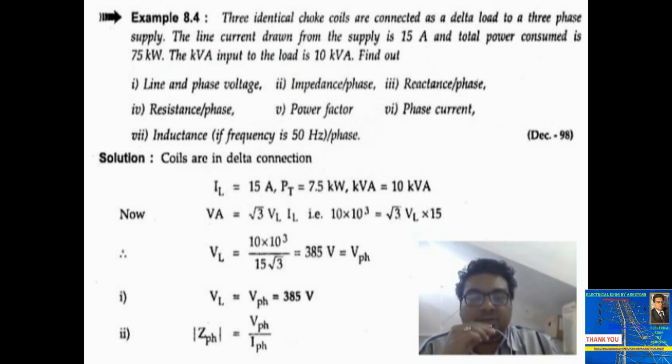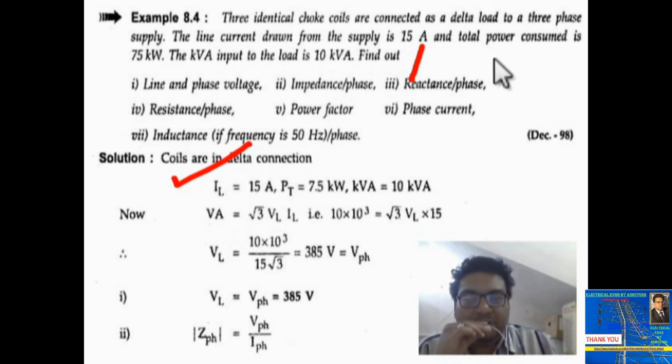First of all, draw the delta circuit. In the delta circuit there is a choke coil. Let's note down the quantities given here. There is a line current of 15 ampere, IL equal to 15 ampere.